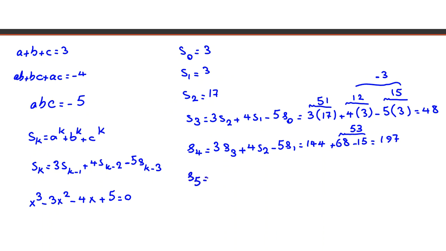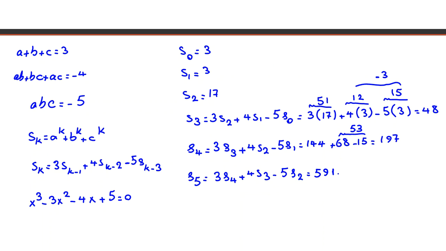Our last part, S5, is 3S4 plus 4S3 minus 5S2. 3S4 is 3 times 197, which is 591.